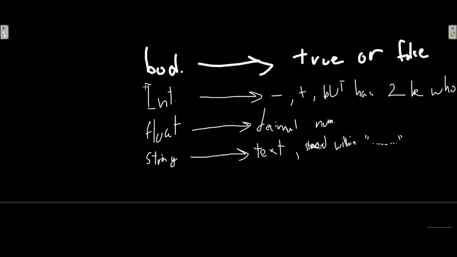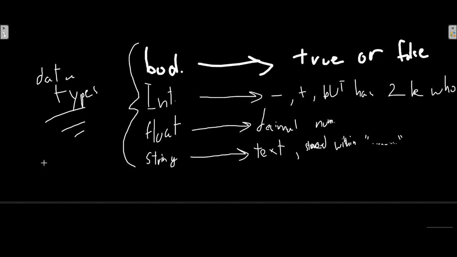So all of these, this Boolean, this int, this float, this string, are what we call data types. Now you might be thinking, why is there so much vocab? Well, if you understand what it actually means, there's not much to remember, right? So let's break it down one by one. A string is just text.